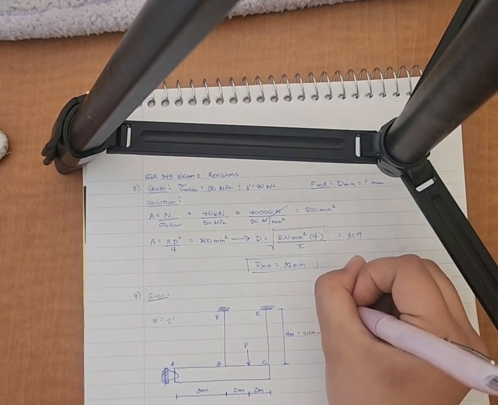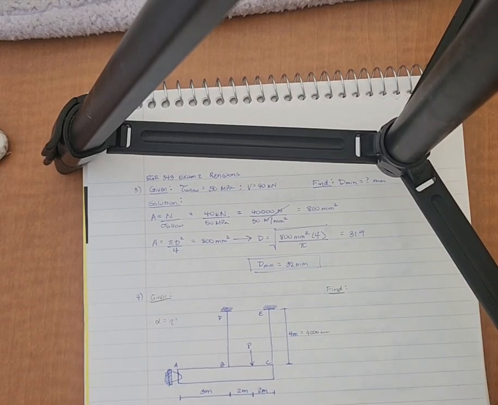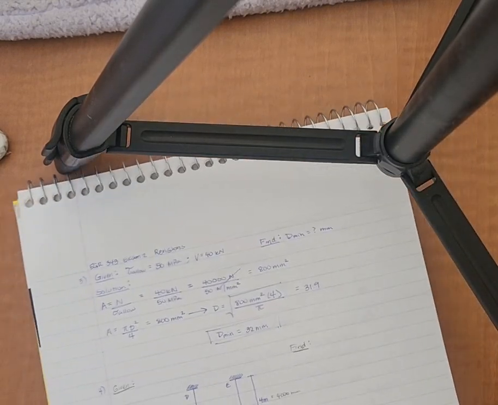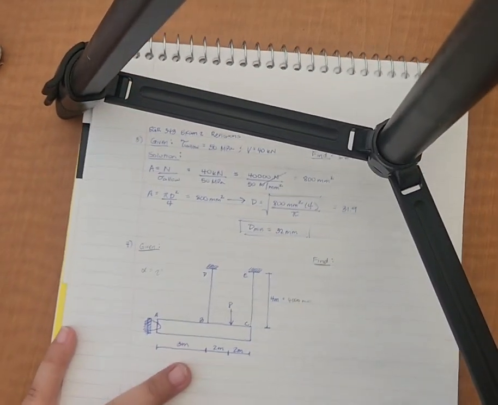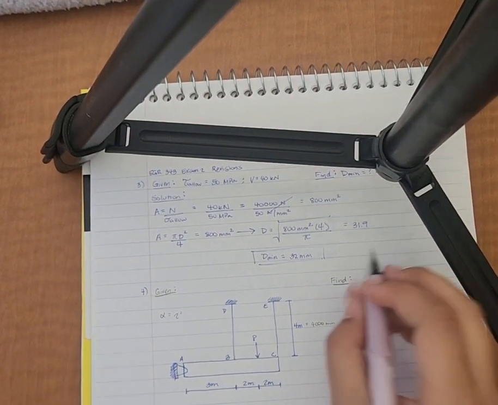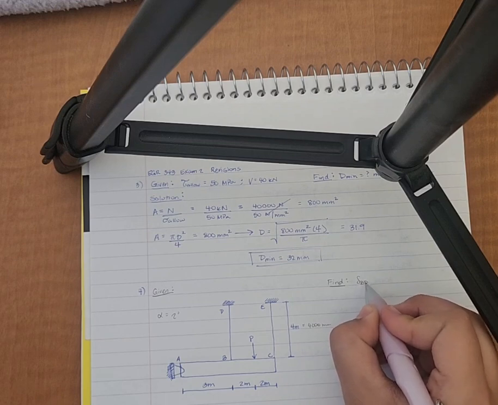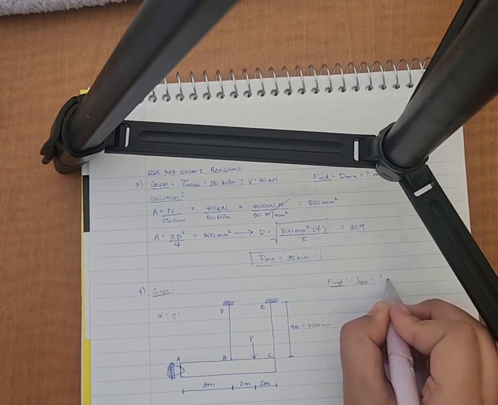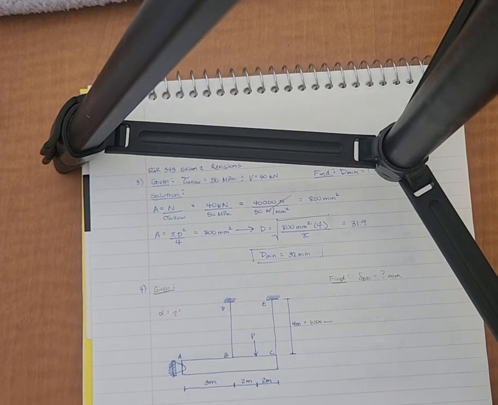And they want us to find the stretched length of BD in millimeters. So that's delta BD in millimeters.